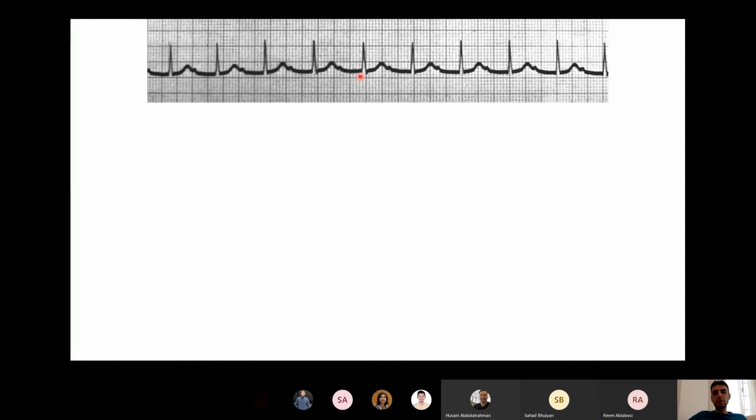So now you ask yourself, okay, we are in long PR, what AV block? The next question would be, what type of AV block is it? Do you guys know how many types we have? 3, and the second is divided into 2.